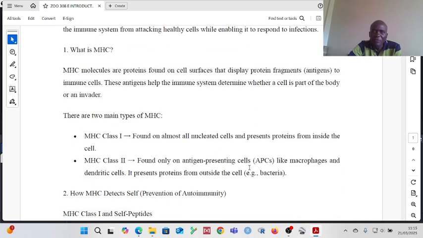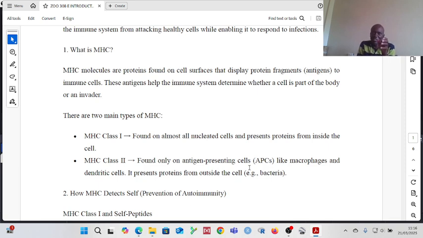So the MHC, as we saw, is proteins which are found on the cell surfaces. What they do is help to display protein fragments to immune cells.